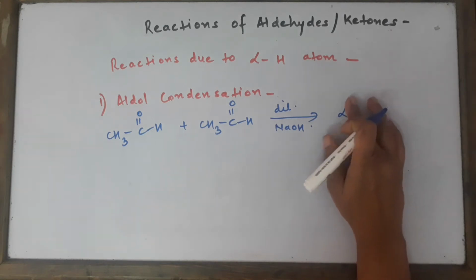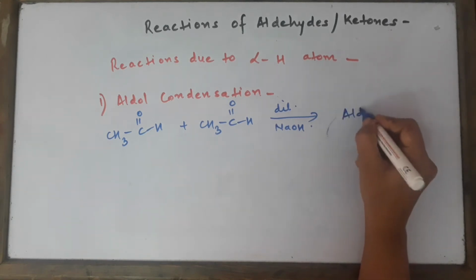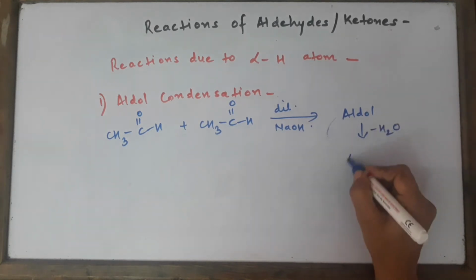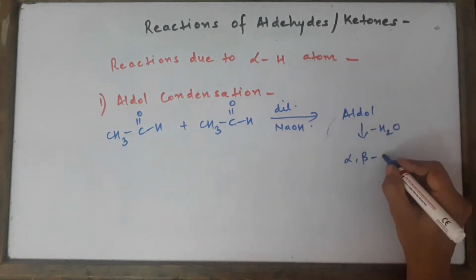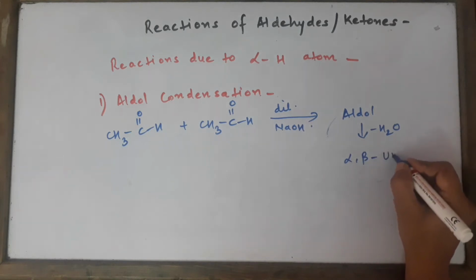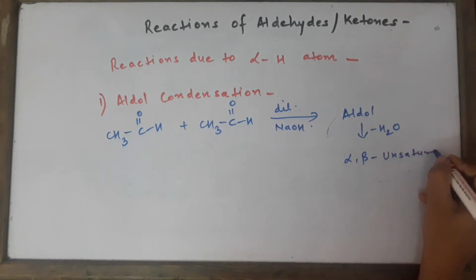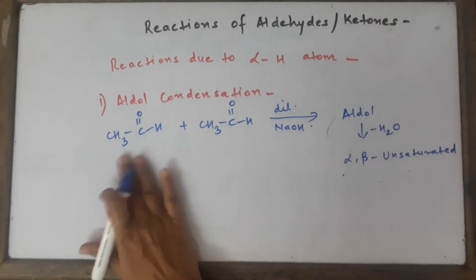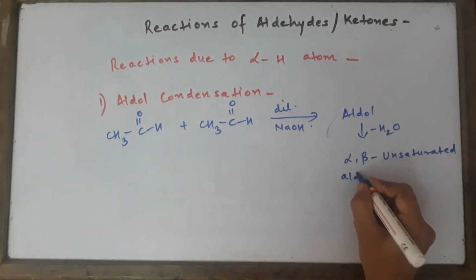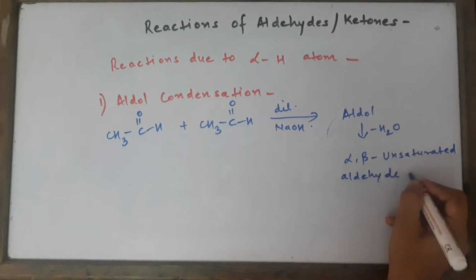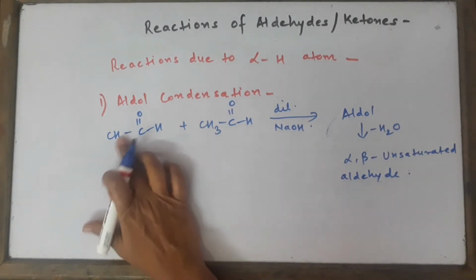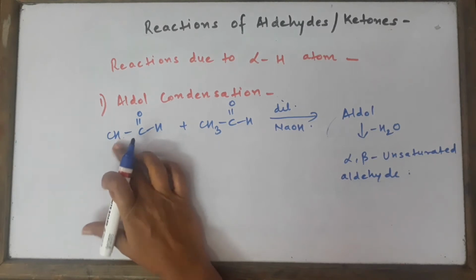So we'll be writing first the aldol, and then the aldol will further undergo dehydration to form the final product of aldol condensation, that is an alpha beta unsaturated carbonyl compound. We're going to get an alpha beta unsaturated aldehyde naturally, because I took an aldehyde.